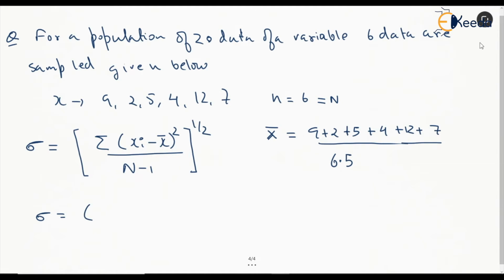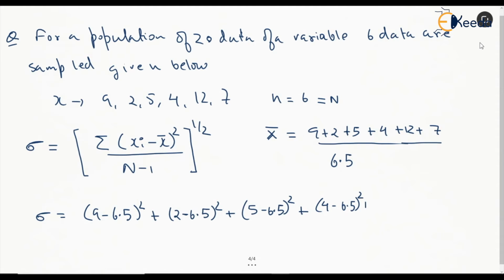This is 9 minus 6.5 square, 2 minus 6.5 square, 5 minus 6.5 square, 4, 12 minus 6.5 square plus 7 minus 6.5 square.